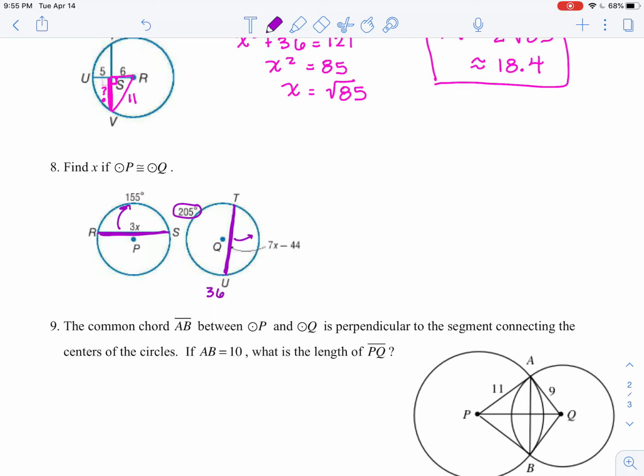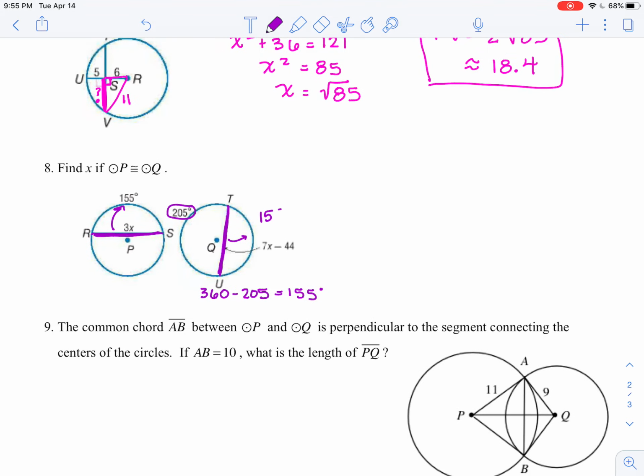So if I take 360, subtract off 205 for that major arc on the left side, I can find out that arc TU, the minor arc, is also 155 degrees. Since arc TU and arc RS are congruent, their corresponding chords, TU and RS, must be equal.